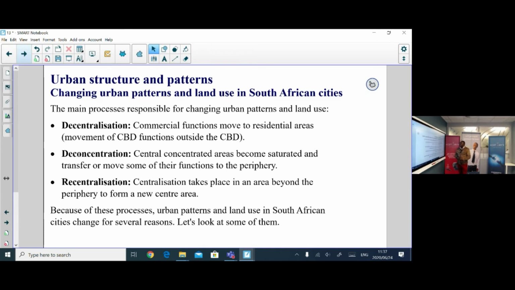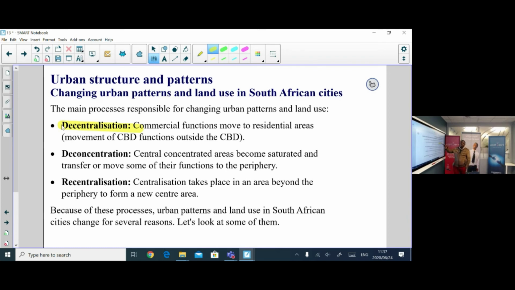Deconcentration. So this decentralization, if you look at this, when people were doing shopping long ago, people knew that they just have to go to the inner city Joburg and buy from the shops there. But nowadays, if you look at the outlying areas in the cities, in Johannesburg for example, you can see that those commercial functions are being taken to the people in those residential areas.